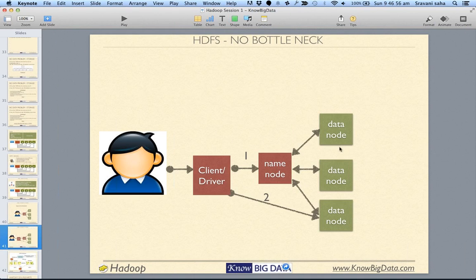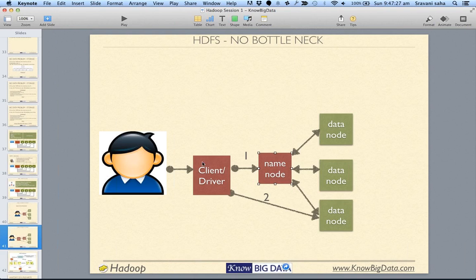So there is a client which you are going to use. It might be a command line client or might be a programmatic library. All right. So this client goes to name node, and name node gives it the information about where your file is located.